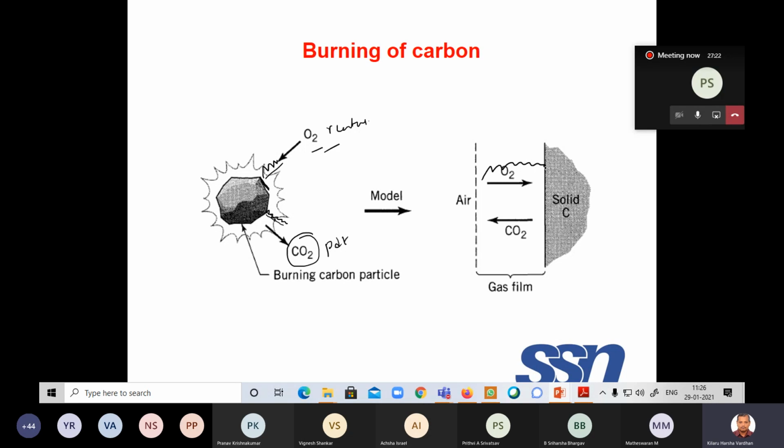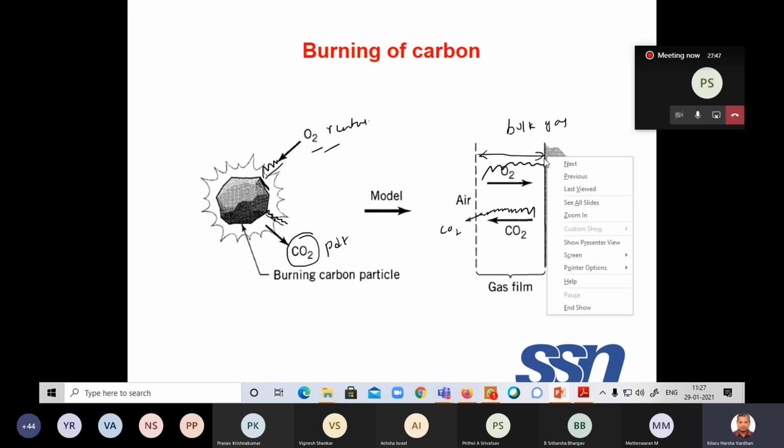Then the reaction will happen. Then the CO2 which is formed will be transported again through this bulk and comes out. So there will be one resistance going through this bulk gas, then one more resistance near the reaction, then the third resistance coming out again through the bulk.